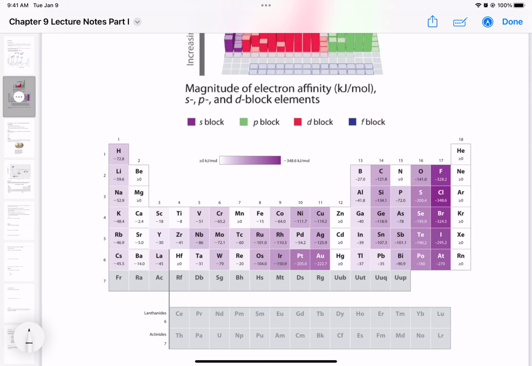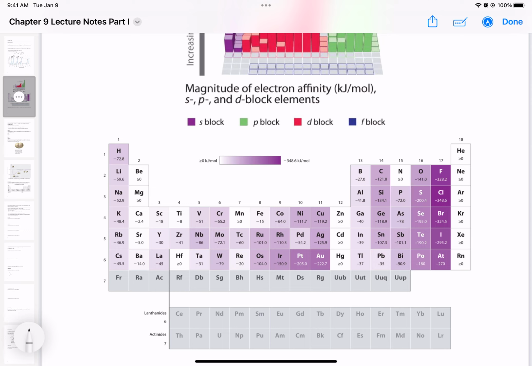And then going down the periodic table, we tend to get less negative in some elements, but for some columns, it tends to go up and down. Okay.